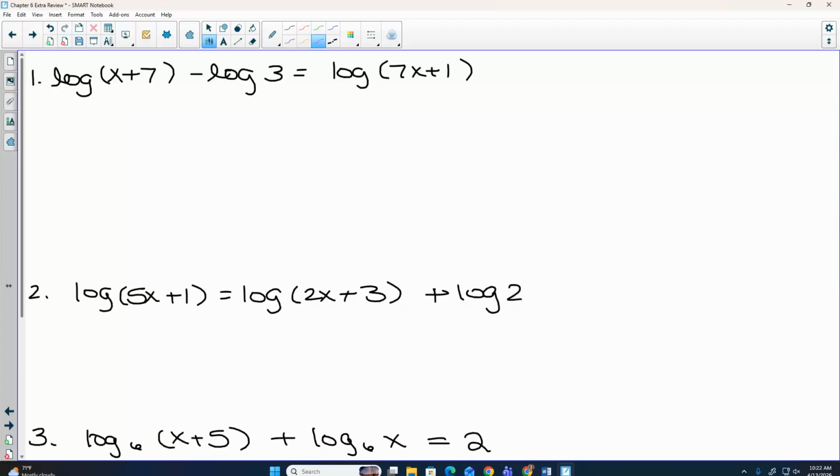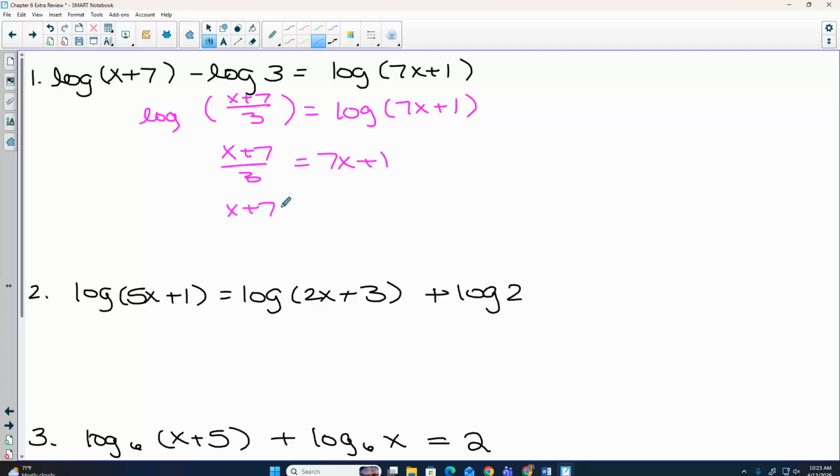Start by condensing on the left. Because those logs are subtracted, we put them together with division. And then what do we do? So we can multiply the 3 over. Subtract my 3, subtract my x.